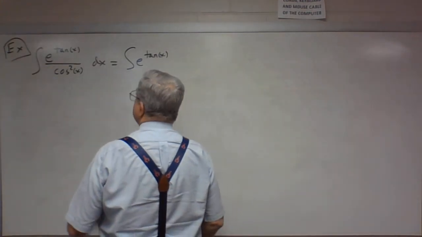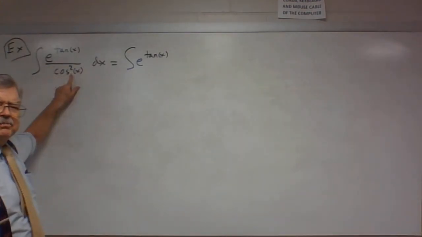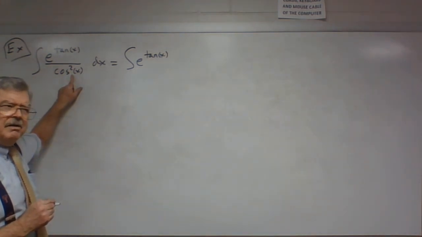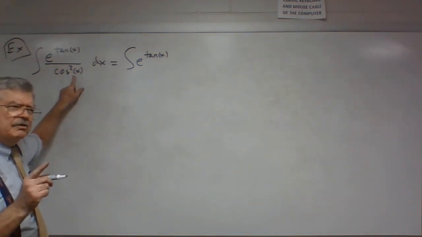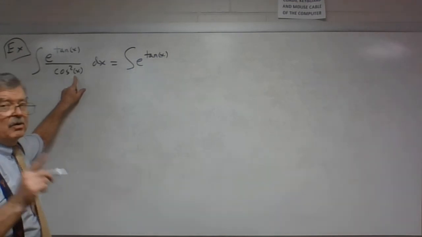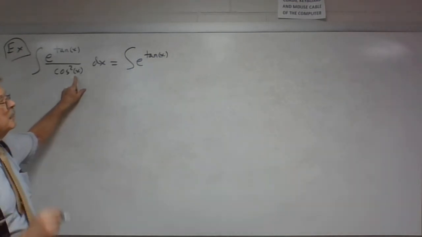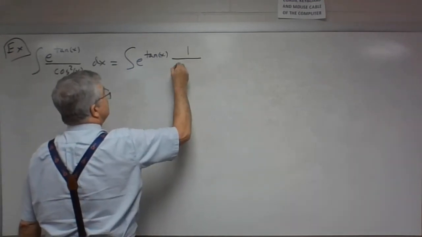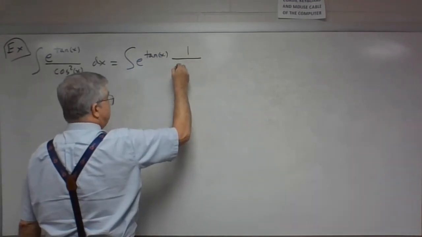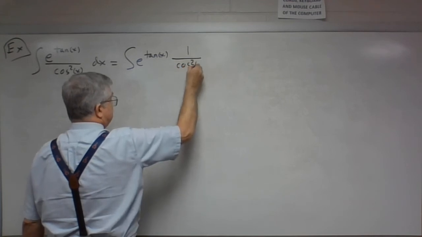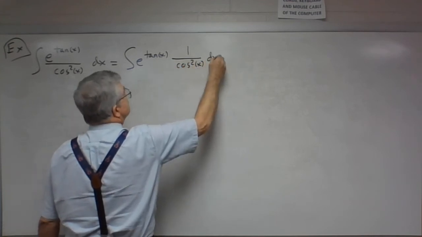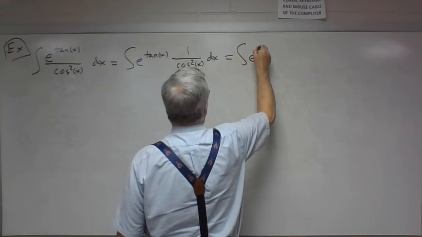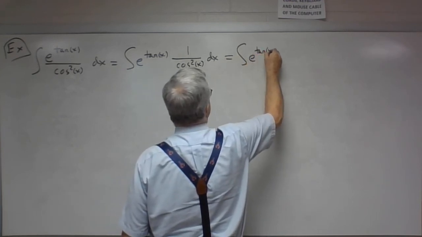Let's see. There is a relationship between cosine and secant, isn't there? Secant is 1 over cosine of x, or vice versa. Cosine of x is 1 over secant. So maybe I want to rewrite it like this. And maybe I want to rewrite it again.